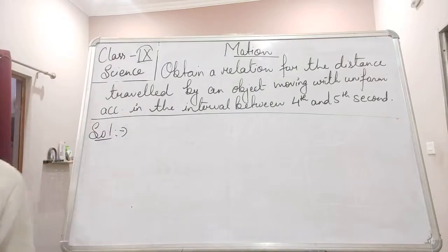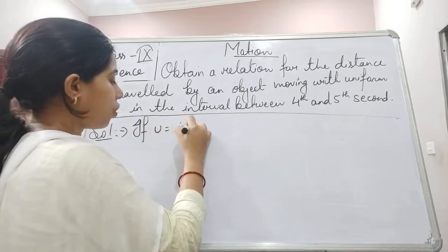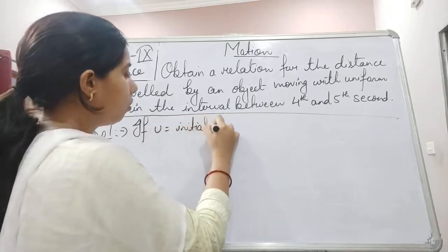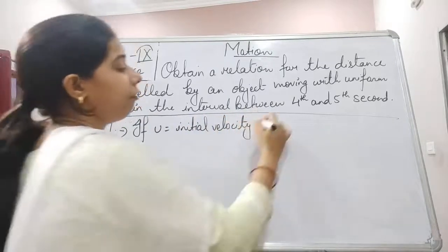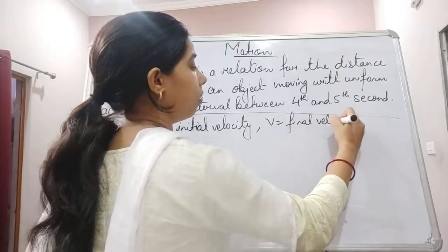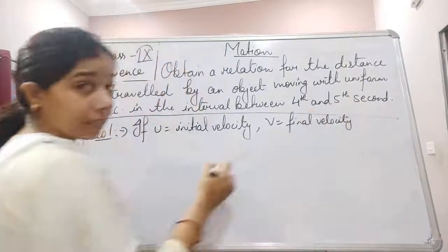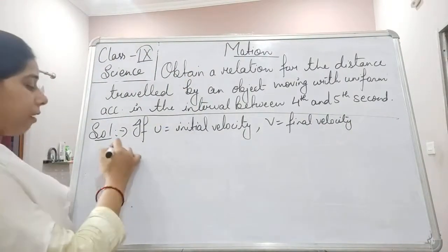So at first, u is the initial velocity, v is the final velocity, and acceleration is uniform, students, represented by a.